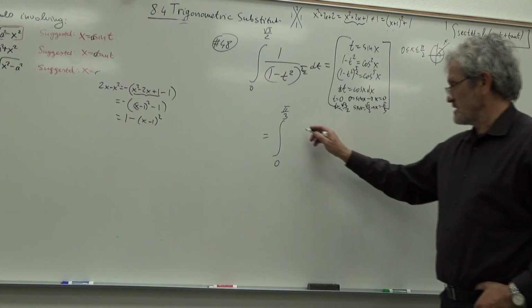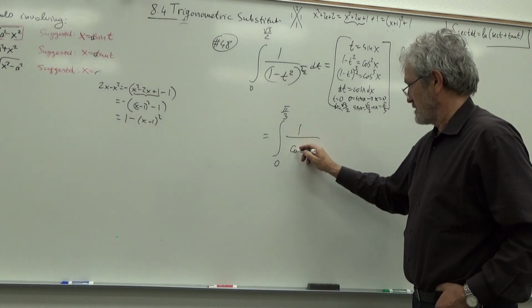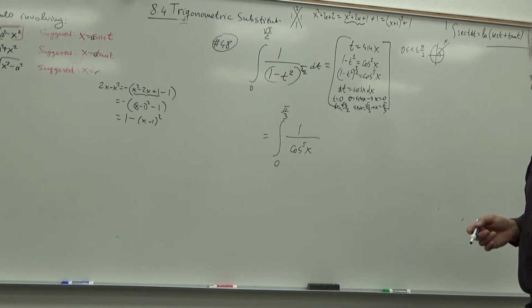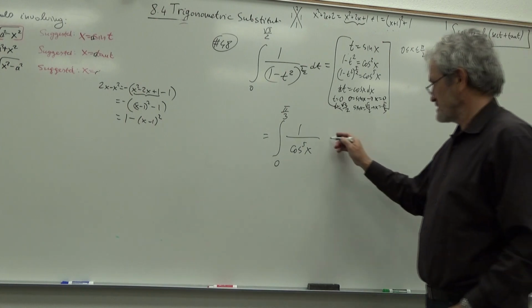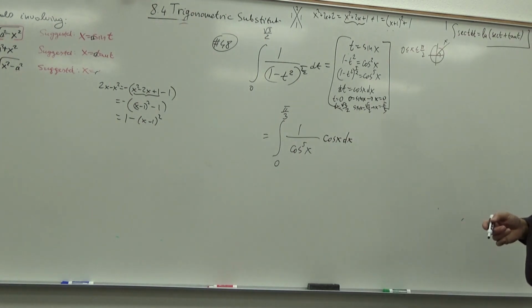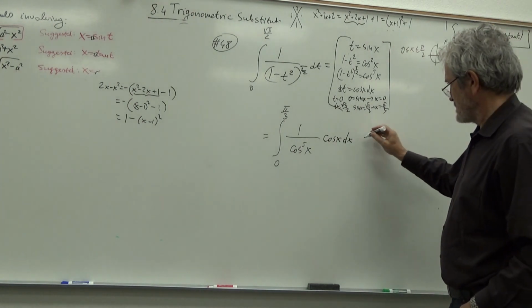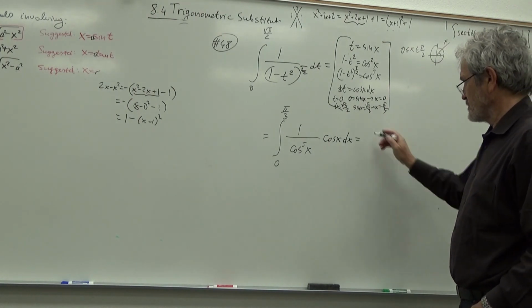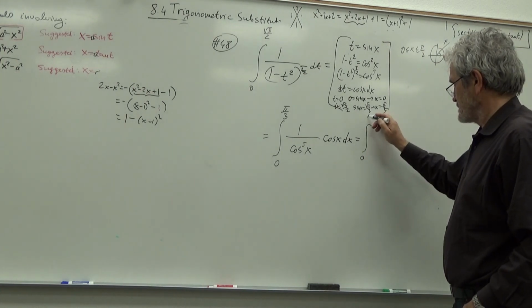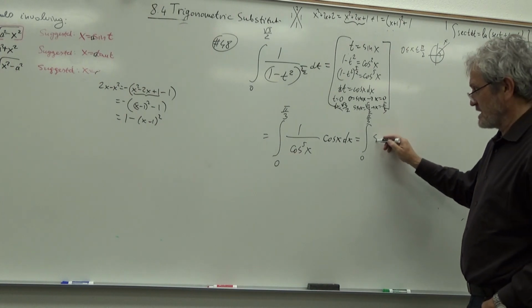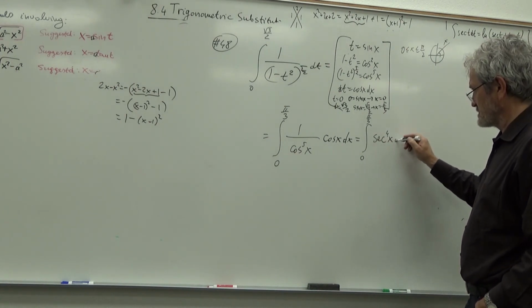And so what do we get here? 1 over cosine to the 5th x times cosine x dx. So what happens here? This would be the integral from 0 to pi over 3, 1 over cosine to the 4th, or that's a secant, so that's secant to the 4th x dx.